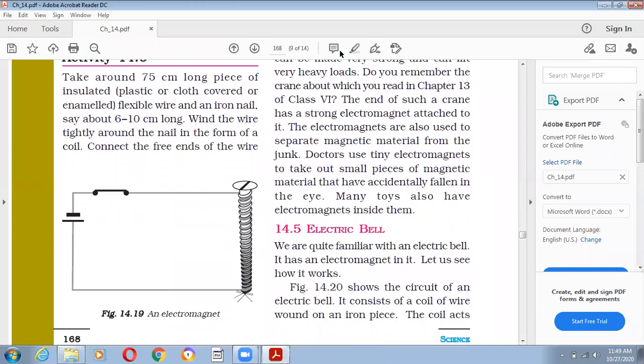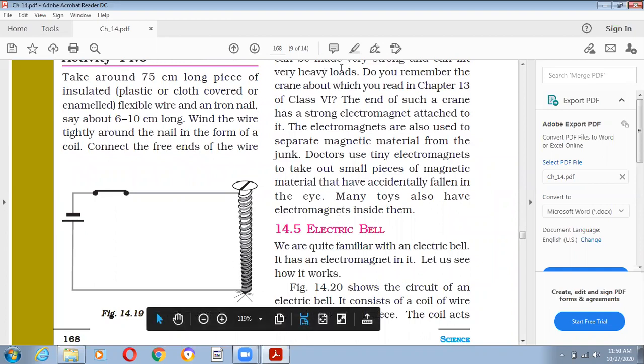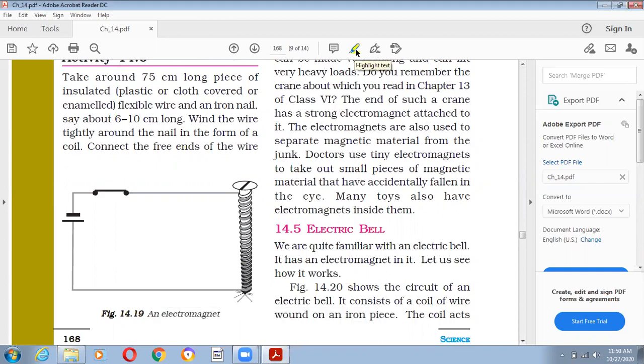You can see here, this is the meaning of number of coils, the number of rounds of the wire over it. So this is an electromagnet.